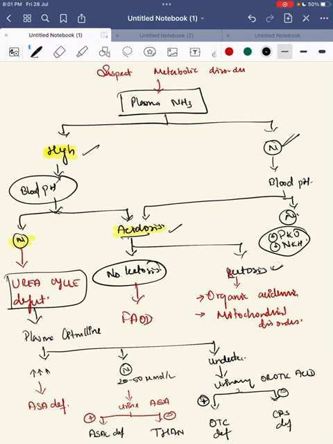Next, when the child has persistent hypoglycemia, how will you go on with it? When the child presents with persistent hypoglycemia, you have to look for urine non-glucose reducing substance.